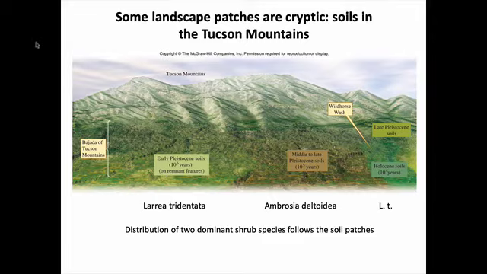And functionally, this area of younger soil here may be an unfavorable patch for some species in what looks like a fairly homogeneous desert environment. So you have to be aware that landscape patches can occur at different scales, and they may not be obvious to you initially. You may have to look hard to find the landscape patches.